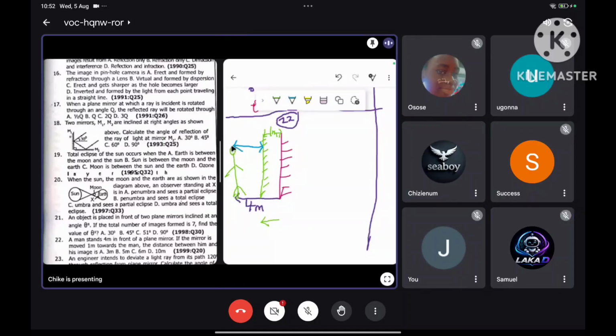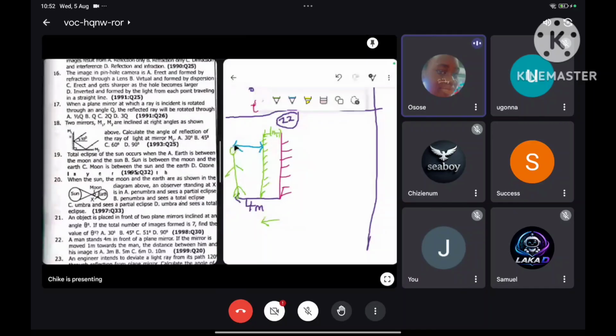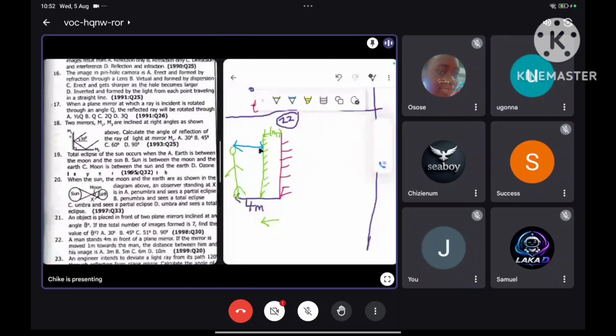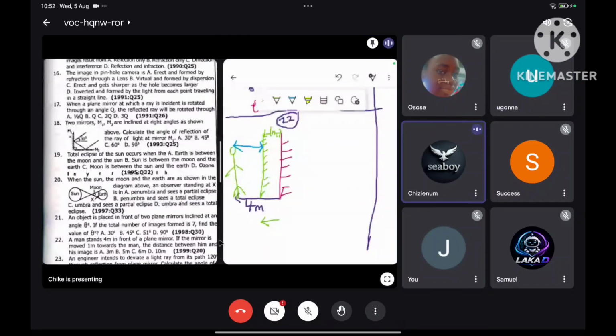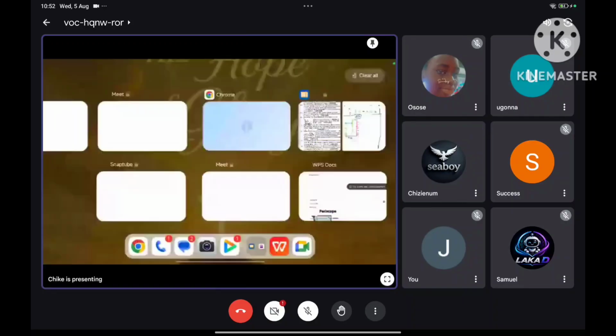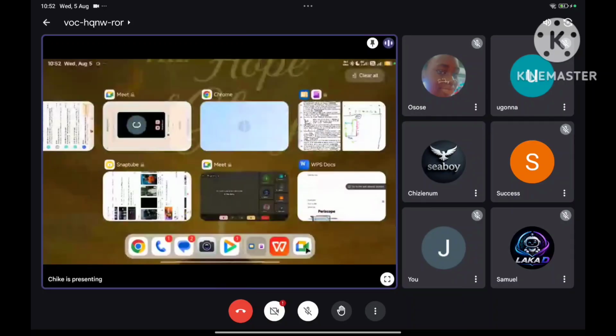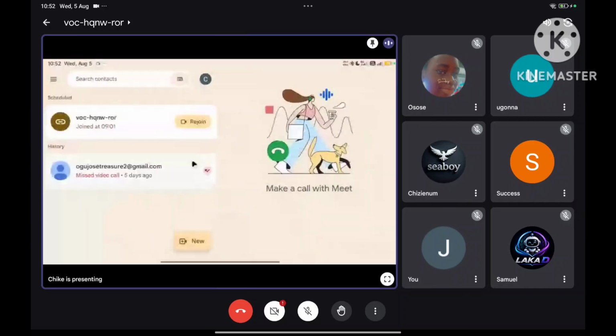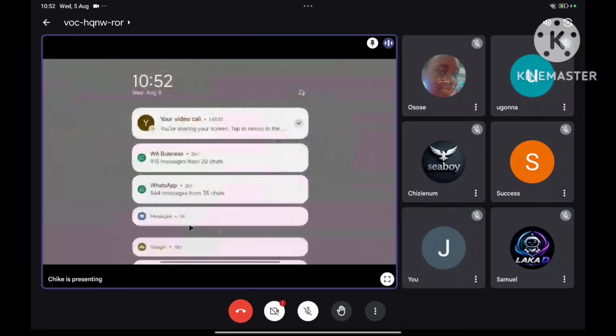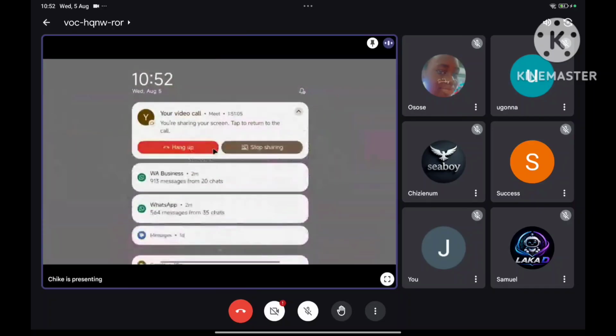Not clear. Me too, it's clear. What then is the problem? One person is getting it clearly, the others are not. Let me log out and then let me know if it's from my end. I don't think it's from my end, but to be safe, I'll log out now.